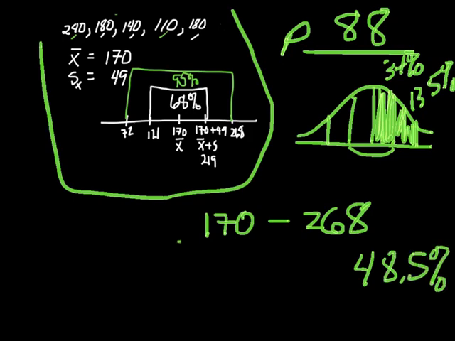So if I am asked what percentage of data is between these two numbers, and they're on the mean or 1 standard deviation above or below or 2 above or below, then you would find that percentage using the empirical rule. And in this case, the answer would be 47.5%, the 34 plus the 13.5.